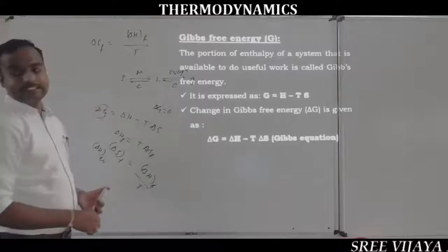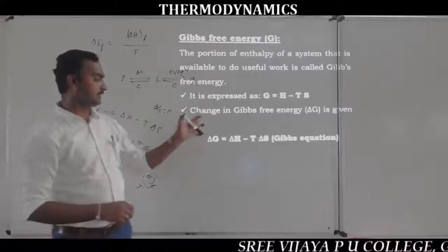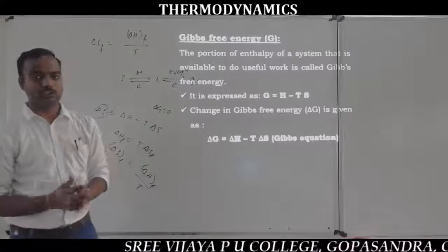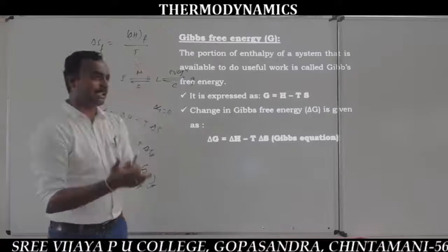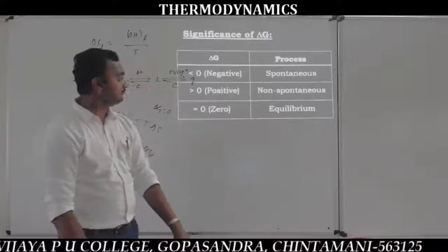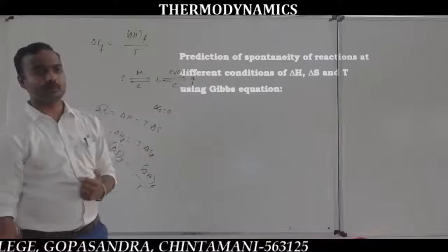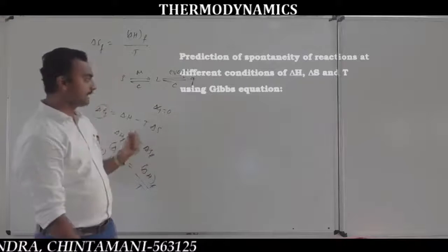So next is Gibbs free energy, its equation, and the change in Gibbs free energy. That is the spontaneity: whether the reaction becomes spontaneous or non-spontaneous can be explained based on the sign of delta G. Delta G negative is spontaneous, delta G positive is non-spontaneous, and delta G zero is equilibrium.